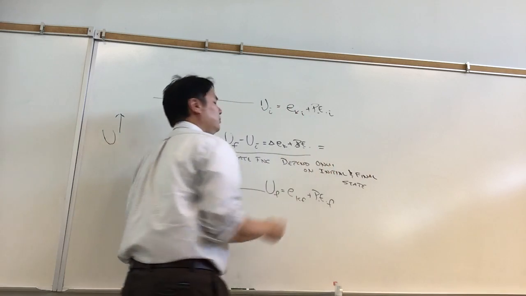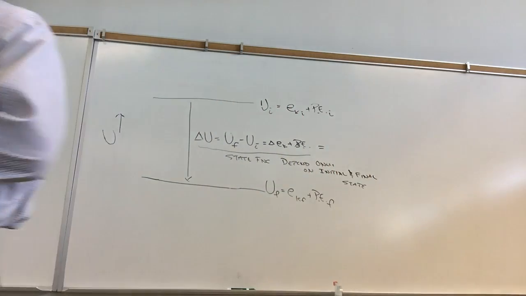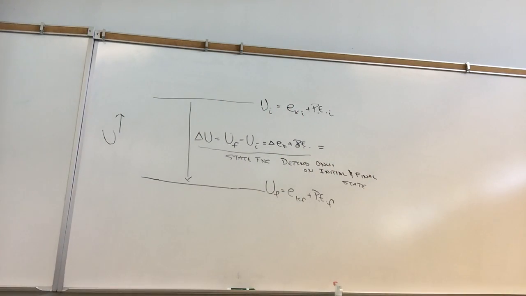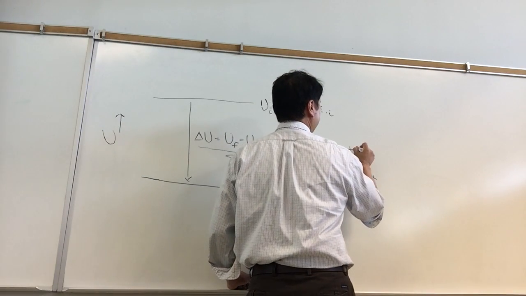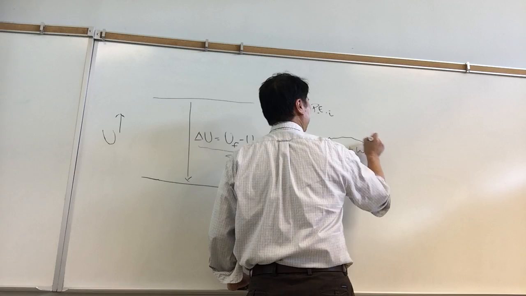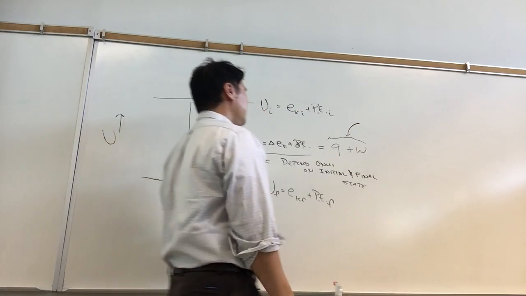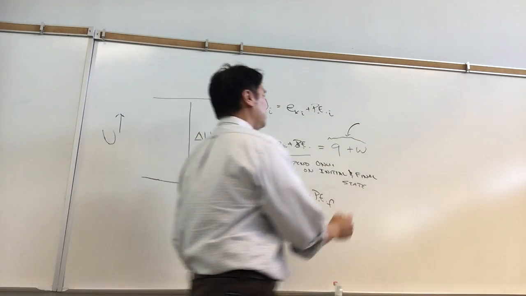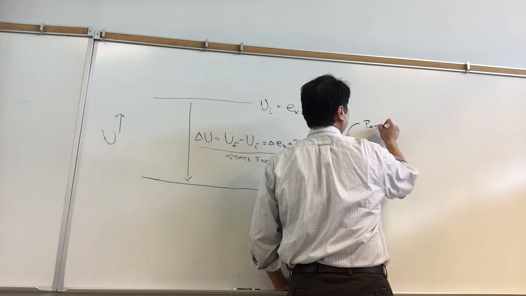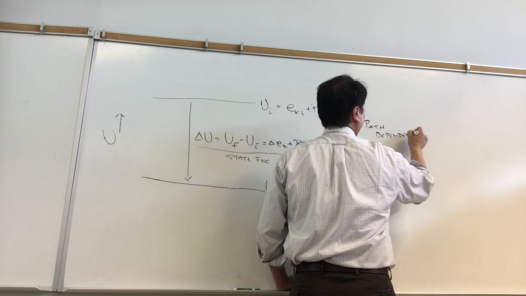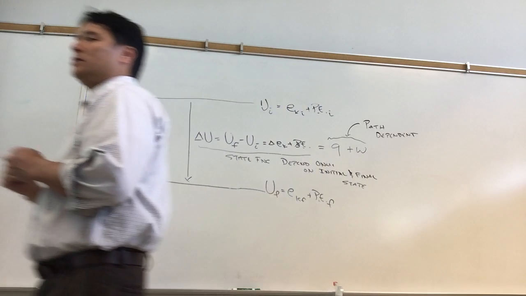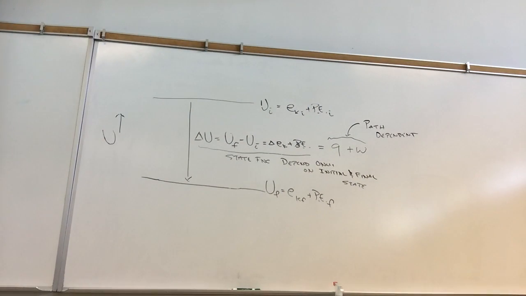What else is delta U equal to? Q plus W. Well, it turns out that Q and W are not state functions, even though delta U is a state function. Q and W are what we call path dependent. So here we see functions of state, and over here we see path dependent functions.